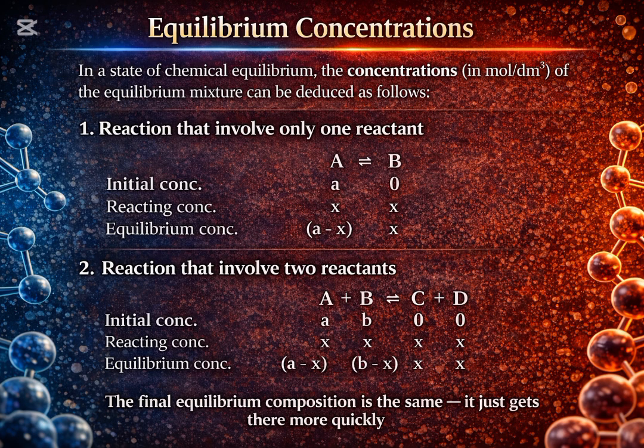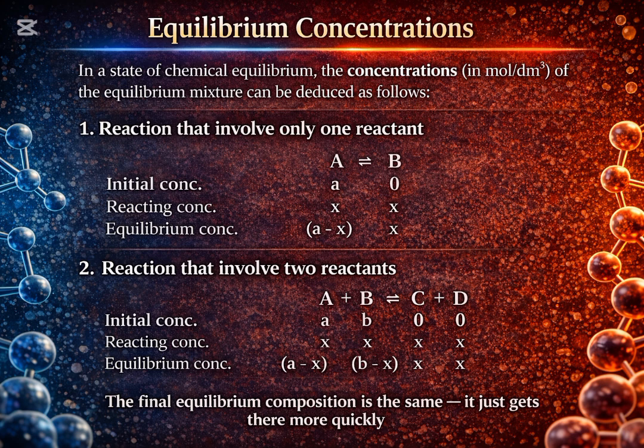Now, A to B. Initial concentration. The concentration or the mole or the amount, which is small letter a, is written under the reactant A. Then at the initial point, B has 0 concentration because B has not yet been formed. Then in row 2, reacting concentration, we have x, and under B we also have x. It means that as time goes on, at least some amount of B has started being produced.